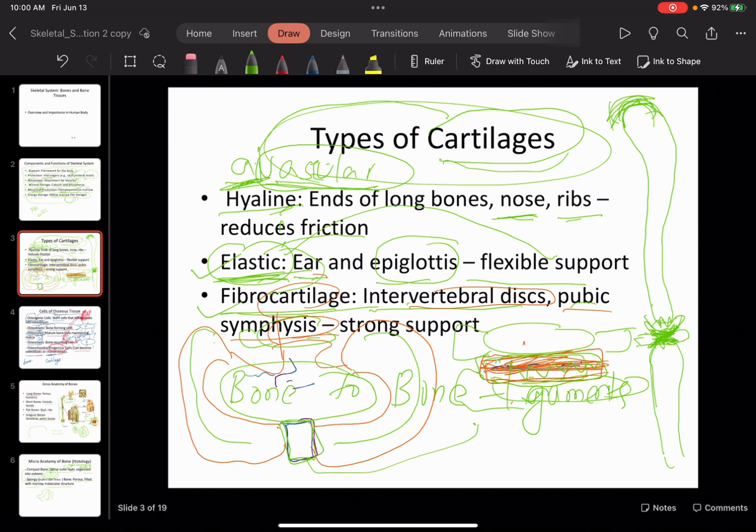When damage happens, repair does not happen, or happens slowly. If there are no blood vessels going to the region, it doesn't get nutrients and signals for the healing process.